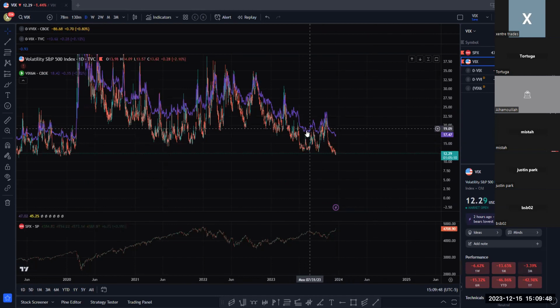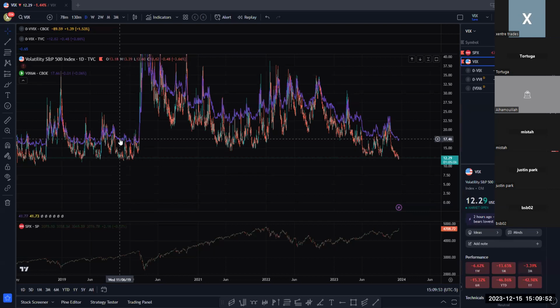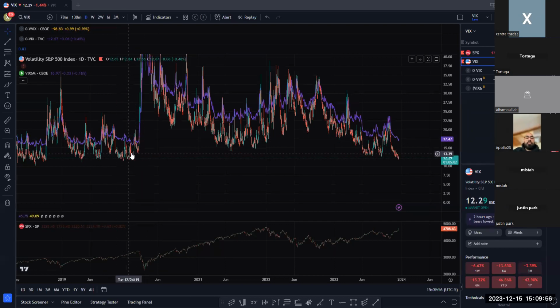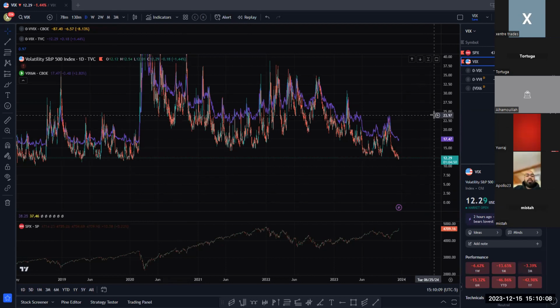Most of the time, the 6 month VIX is higher than the average VIX, which means there is usually more risk in the future, due to time. There's always going to be more risk, and that's even why we pay for time value on options.